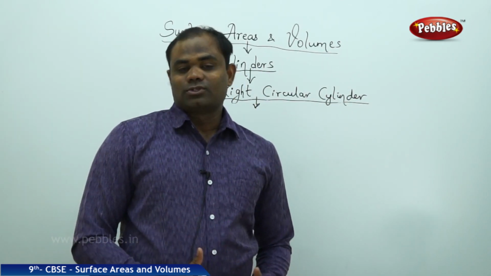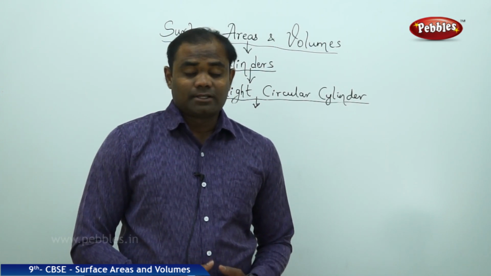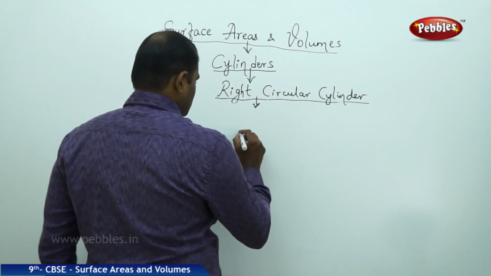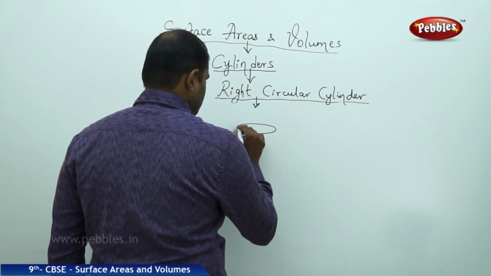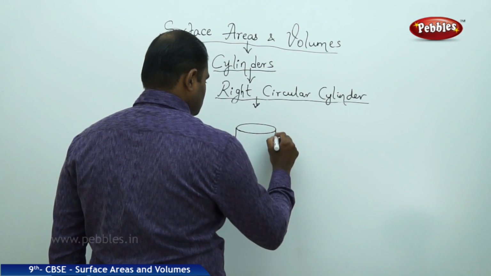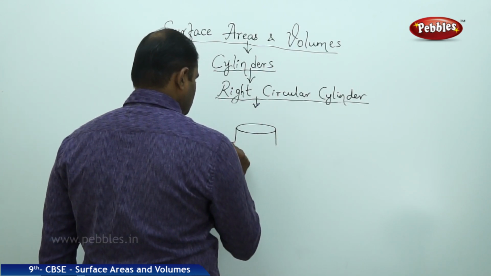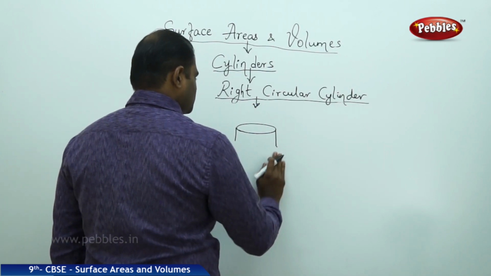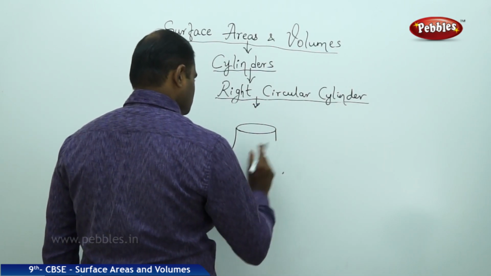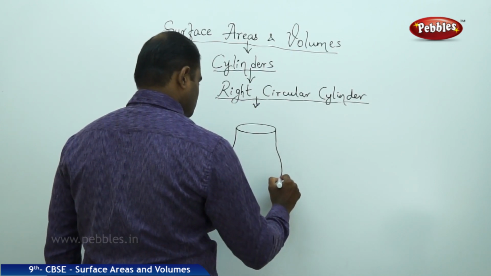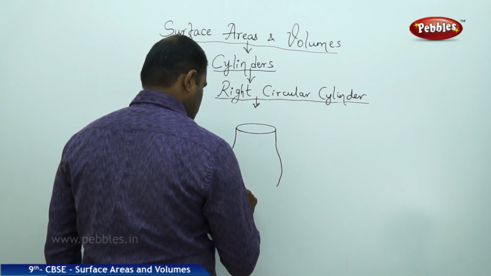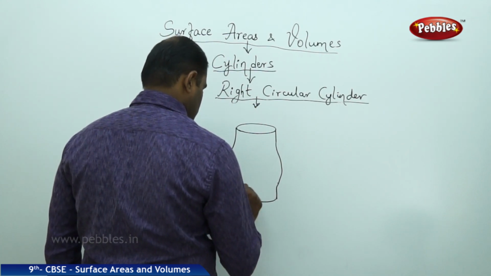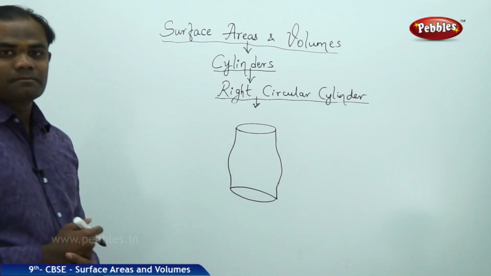Now let's see one more solid object to understand the right circular cylinder concept more strongly. Suppose I have a circular cylinder which bulges out here like this.